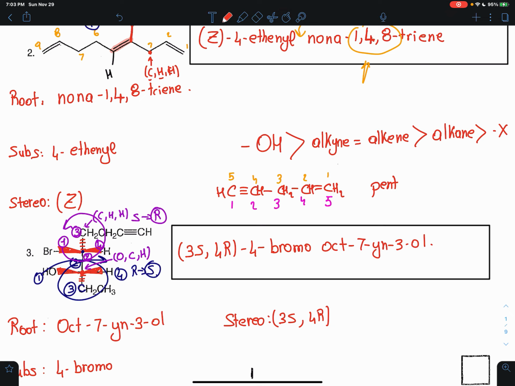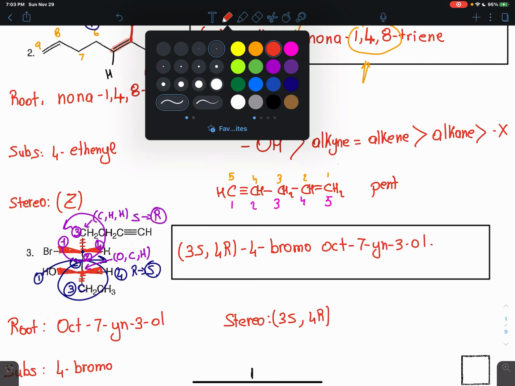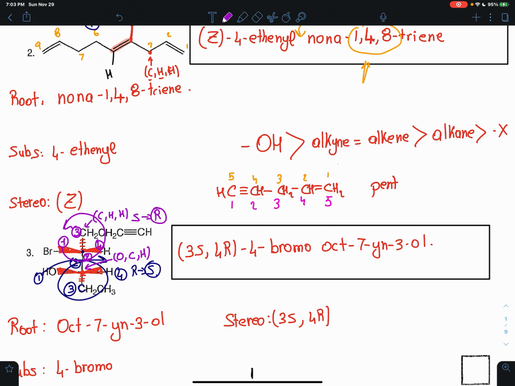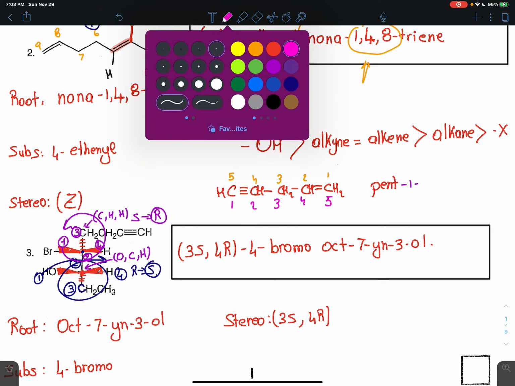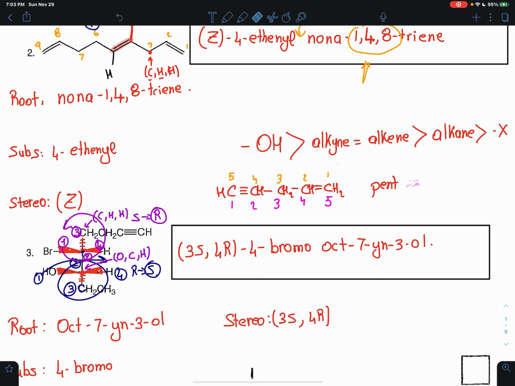Now, if I start counting this way, I'm going to have pent-1-yne and then 4-ene, right? But in alphabetical order, you have the Y before the E, which does not work. So in this case, the priority would go to the alkene over the alkyne.